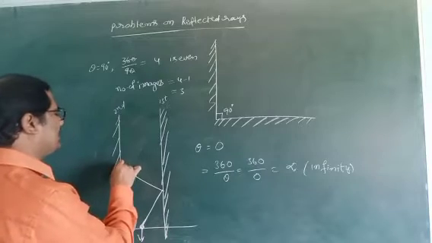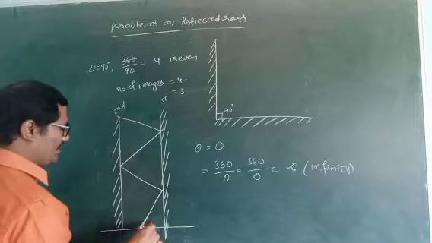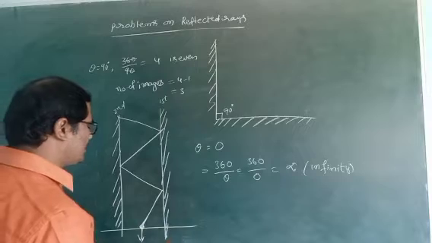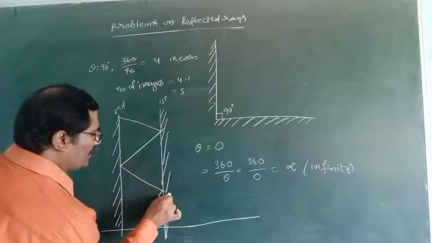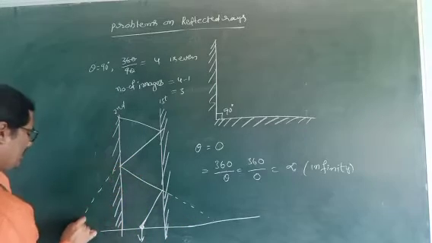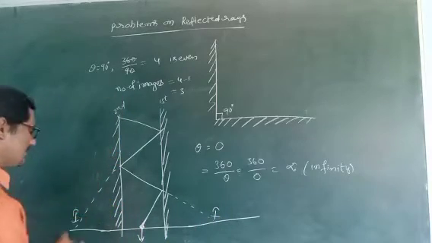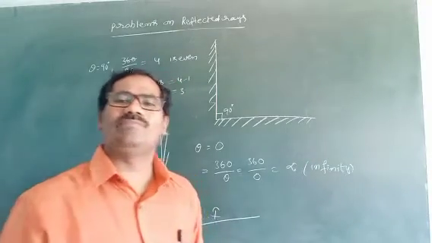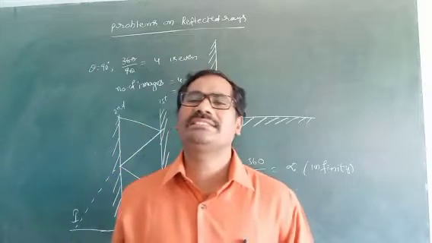Each incident ray is reflected again and again. Images can form on both sides. The real ray is visible, the extended ray is invisible, which means it is an image. These images are virtual images, so infinite images are formed.